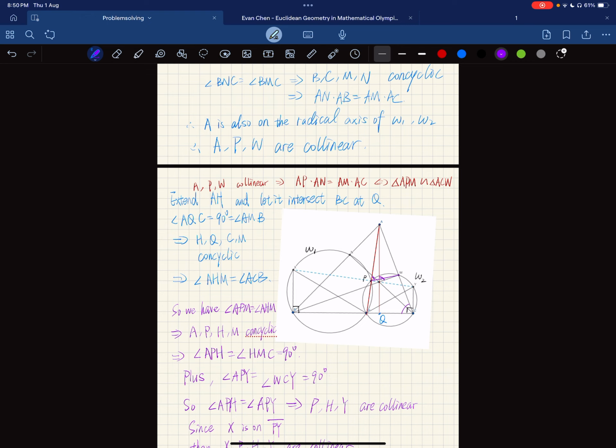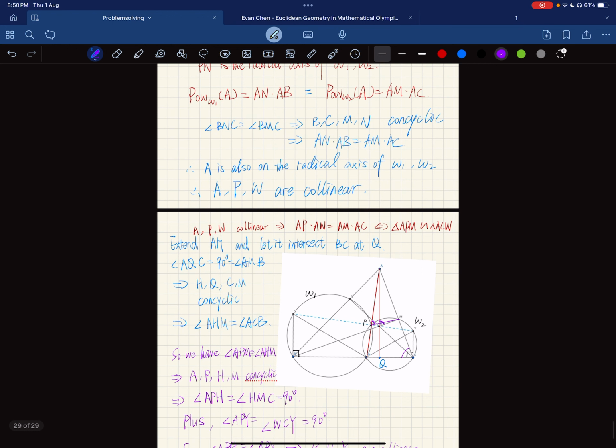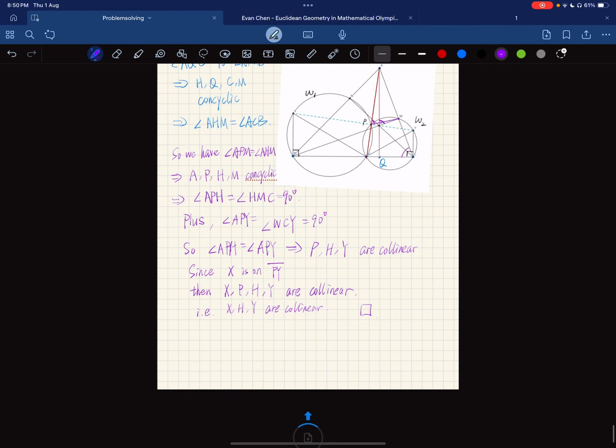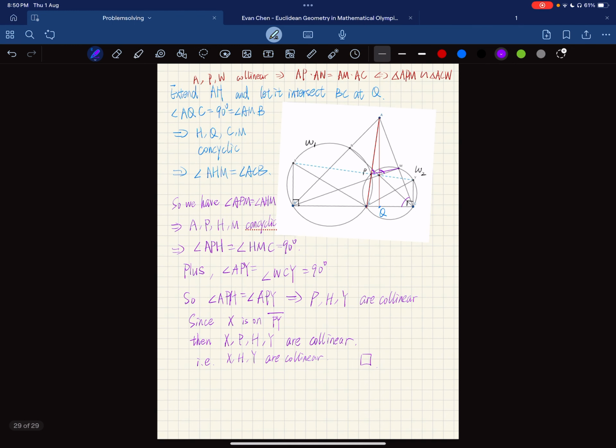But the two things you have to discover are, one, the point P, and then after discovering the point P, you have to find that A, P, and W are collinear. So these are the two things that are a little bit hard to find out. And okay, that's the end of this question. So thank you for watching.